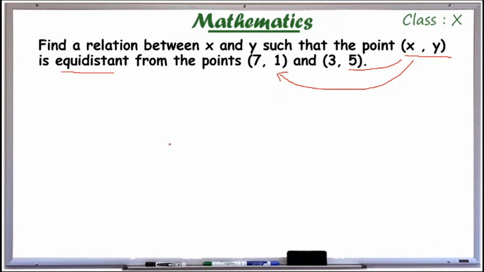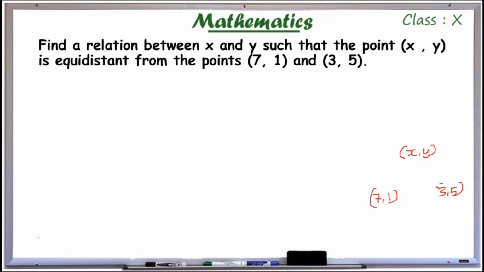So first I will graphically represent this. We have the point (x, y). We have (7, 1) and we have (3, 5). Read the question well. The distance between (x, y) and (7, 1) is equal to the distance between (3, 5) and (x, y).